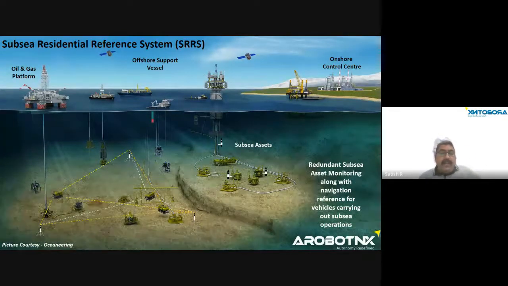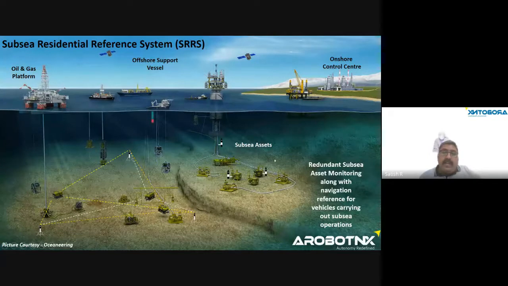But along with this, now we have the reference, but we are not stopping only with that. As I said, the transponders are becoming very intelligent by adding more fusion sensors inside. So it becomes a redundant subsea asset monitoring system along with a navigation reference for vehicles carrying out subsea operations. You could see here that there are subsea assets.